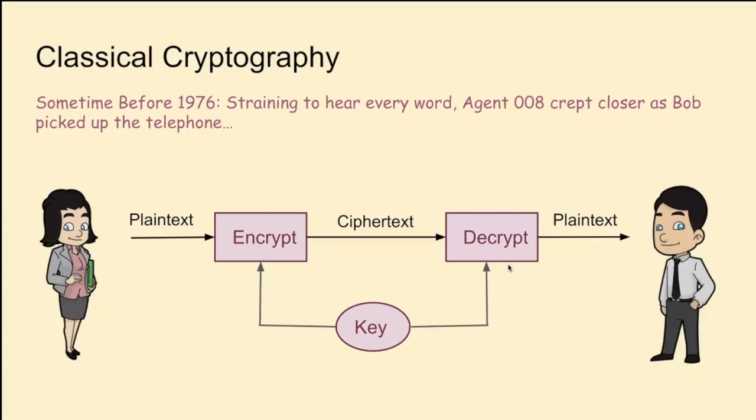But however it's done, Bob needs to know what key Alice used to encrypt her message in order to provide the appropriate transformations of the ciphertext into intelligible plain text. One of the crucial features of this system is that Alice and Bob both need to share the same key. So they need to have this piece of common information that they will use to encrypt and decrypt.